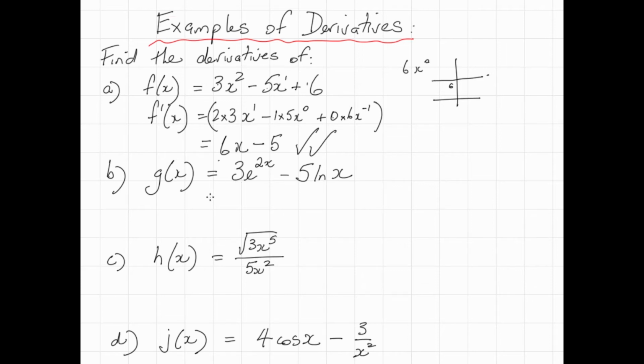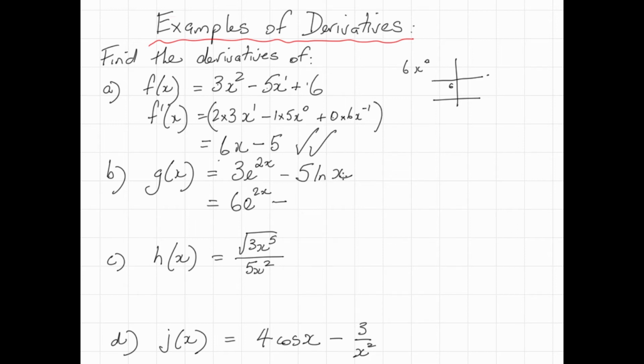Okay, so we apply our table of rules, which we did in the previous talk, to this one as well. And the 2 comes down, don't forget, the 2 up here has got to come down. 2 times 3 is 6, e, and we don't take anything off. When we've got e to a power, we just write that power again. So it'll be just 6e to the 2x minus, now a constant out the side of the function will be just 5 times the derivative of ln x.